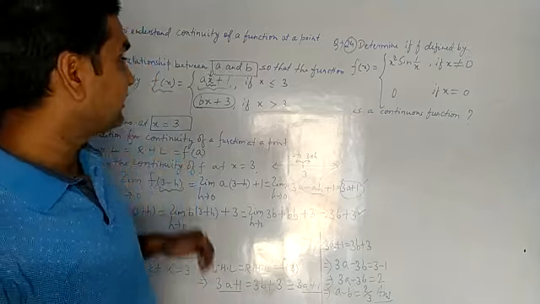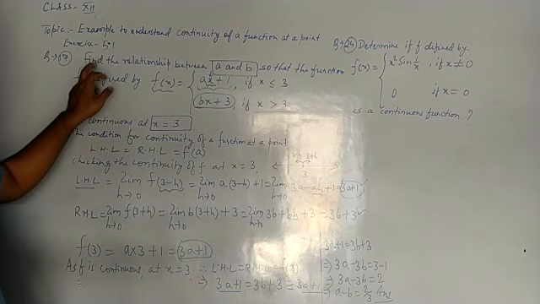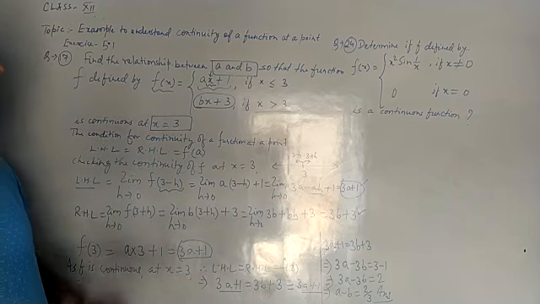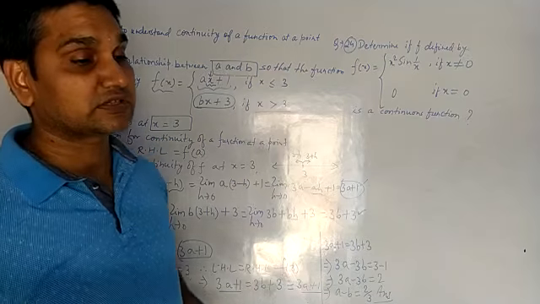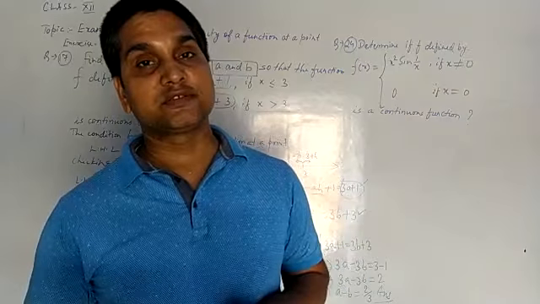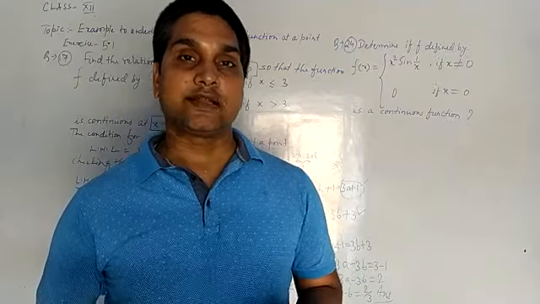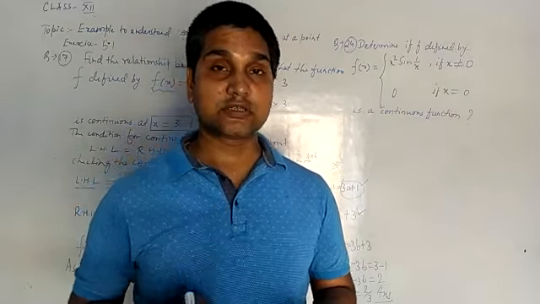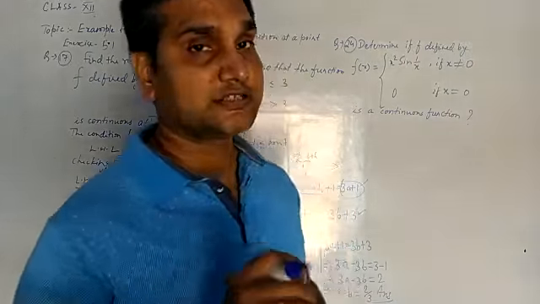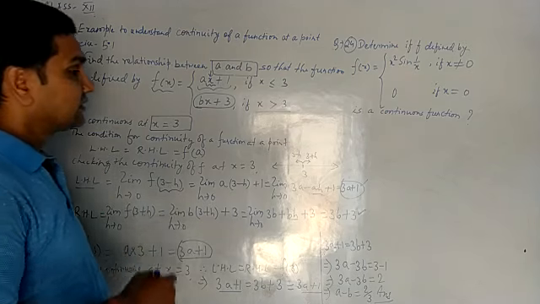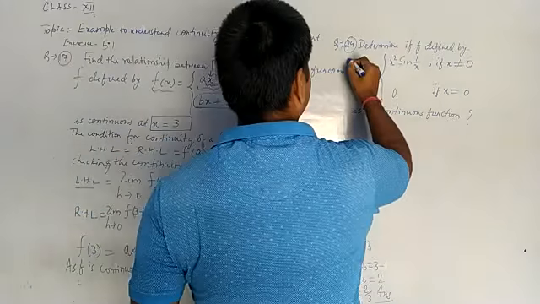But if anywhere it is suggested for which relationship, for which value of the unknown the function is continuous, means a continuous function is given, and we need to search the relationship between the unknown constants. So thank you very much, and we can do this question that way.